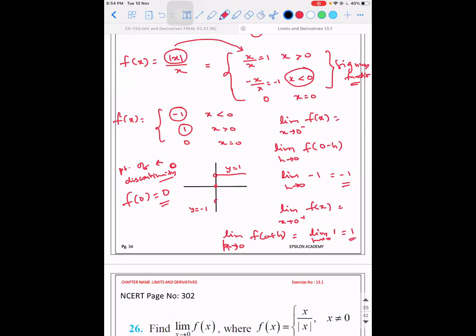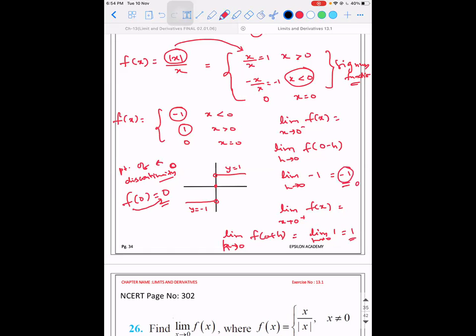When I say the limit exists, it does not just mean you're getting a finite output. I understand why you're thinking like that. Since f of 0 is coming out as 0, which is a finite number, you think it exists. No. To say that the limit exists, when you calculate the left limit, the right limit, and the function value, all 3 should come out as the same number.